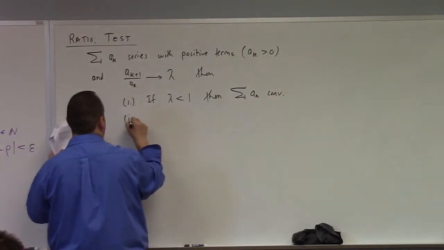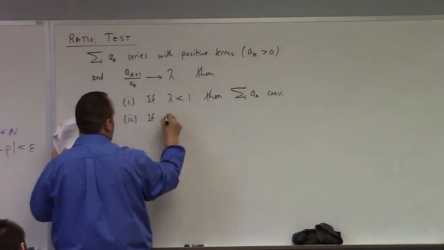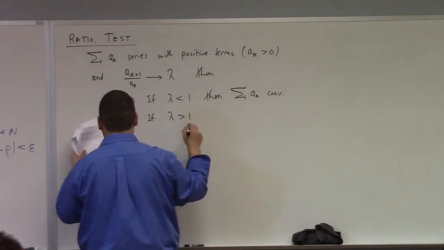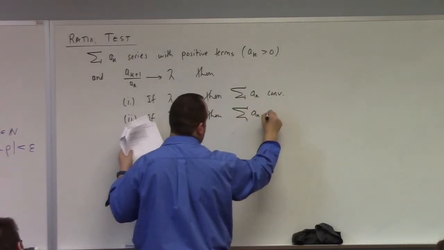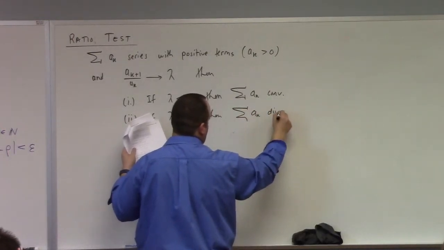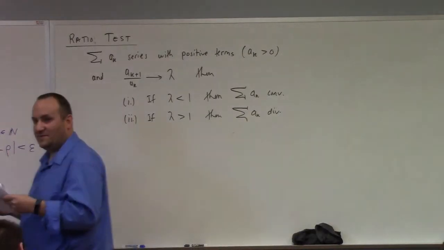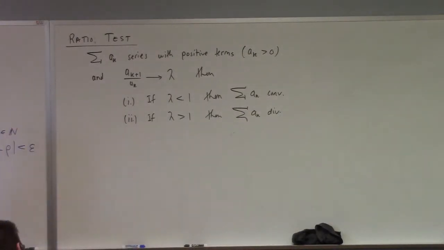Case 2, if lambda is greater than 1, then the series a sub k diverges. I refuse to write case 3, but case 3 says that if lambda is equal to 1, the ratio test tells you nothing. It's inconclusive in the case that the ratio works out to 1. All right?